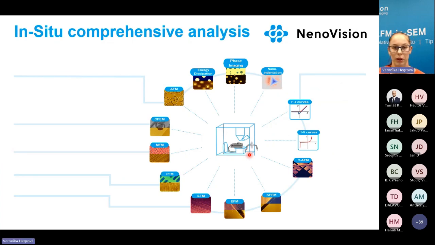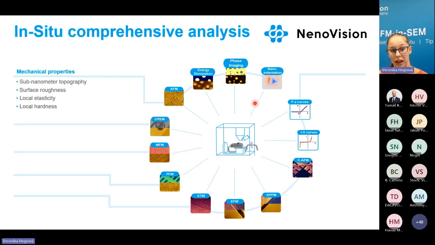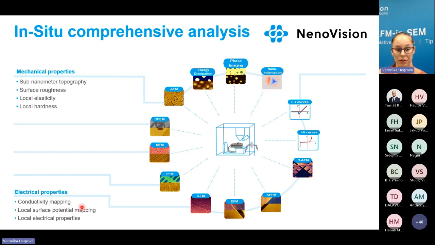And so what modalities we have and what we can combine. I would divide it into 4 groups, from mechanical properties, of course, topography, dissipation, phase imaging, to have quantitatively nanoindentation for mechanical properties, elastic or plastic deformation. From electrical properties, conductivity mapping or local surface potential mapping, or electrostatic force microscopy.